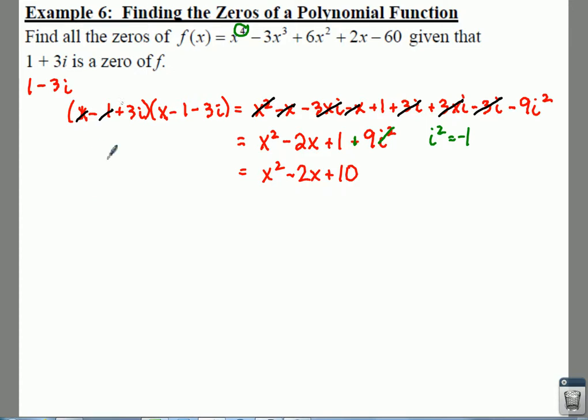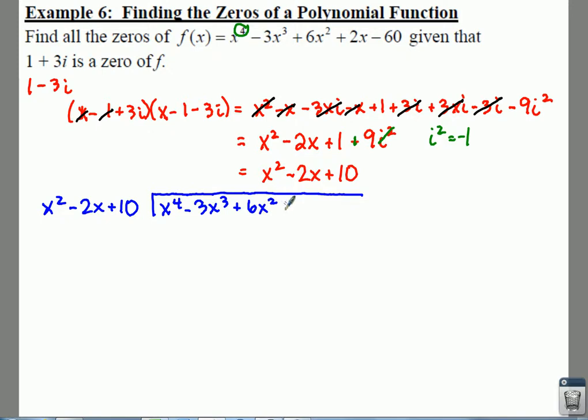So we're going to go with x squared minus 2x plus 10, and we're going to divide, I don't know if I left enough room, x to the 4th minus 3x cubed plus 6x squared plus 2x minus 60.